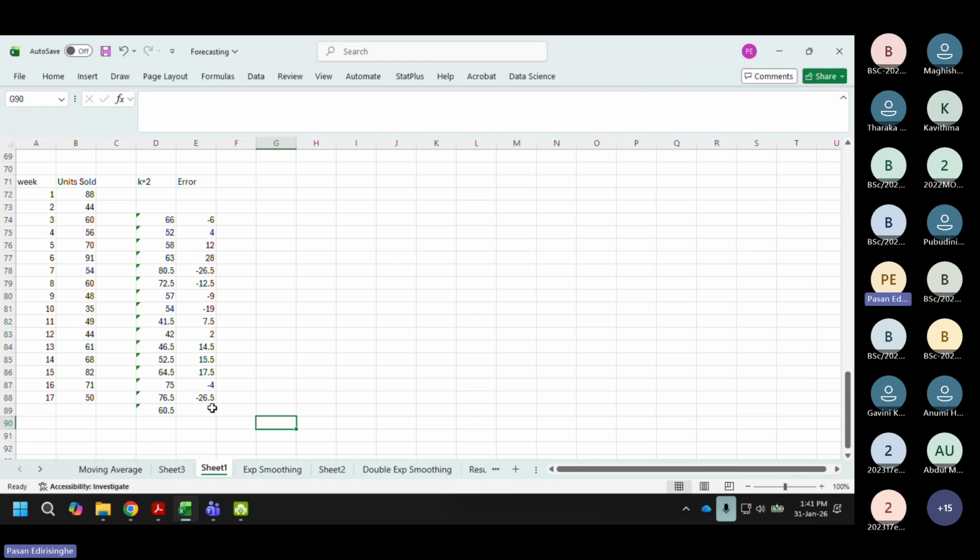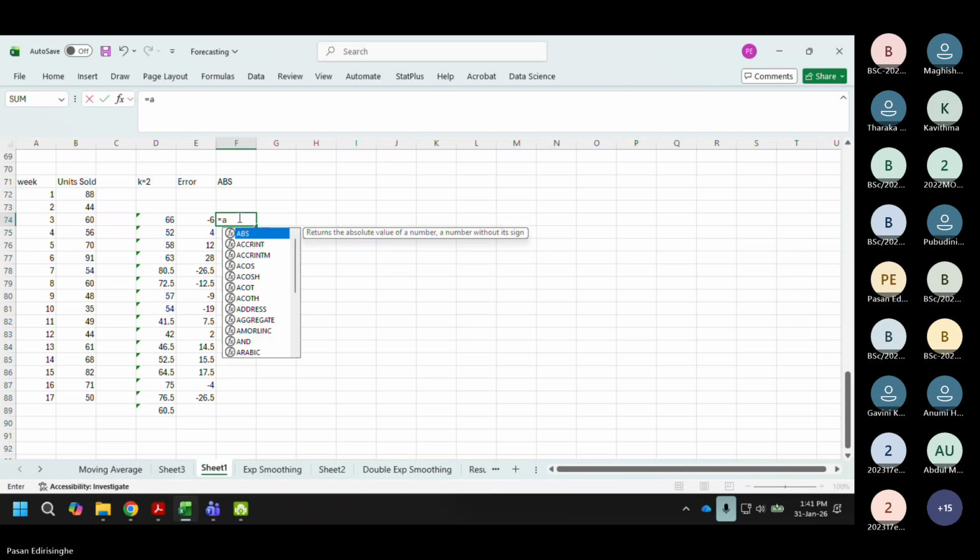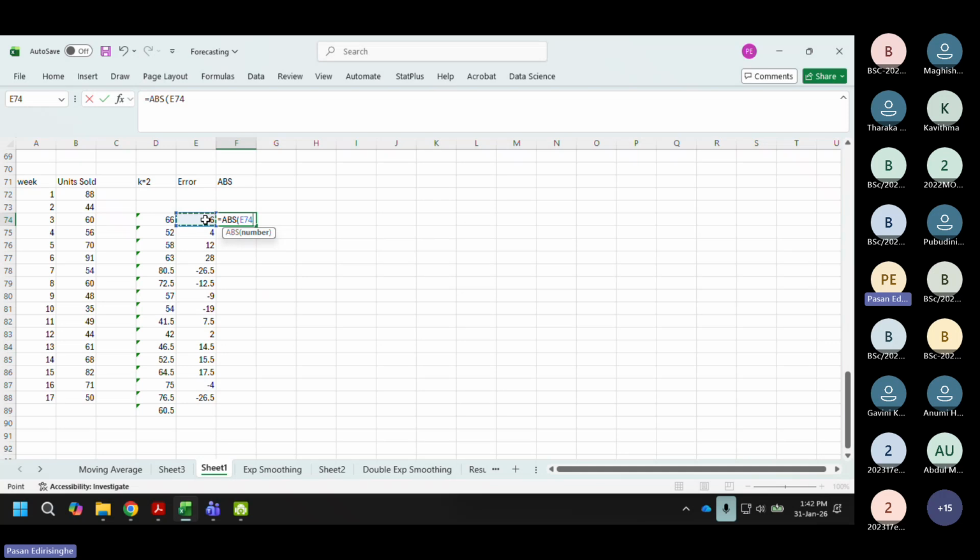So we can measure the error for each observation, and then take the absolute error, the absolute value of each one.